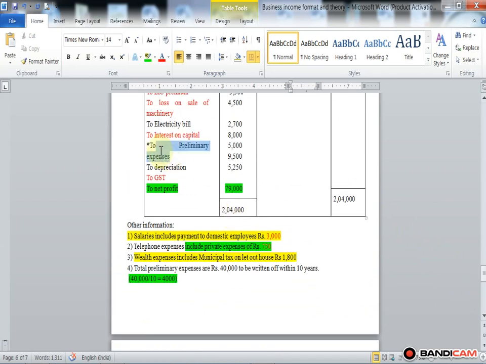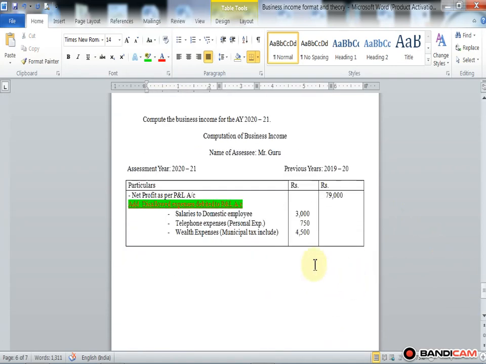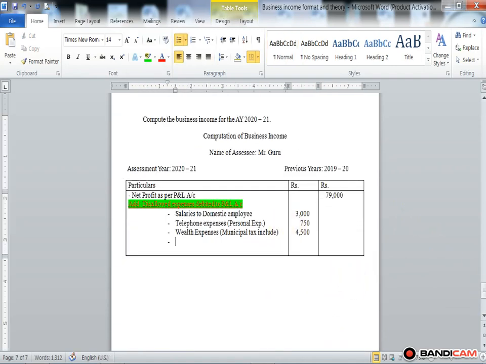So how much excess amount is written off by Mr. Guru, that is 1,000. So this 1,000 is disallowed. So here preliminary expenses, or excess preliminary expenses.